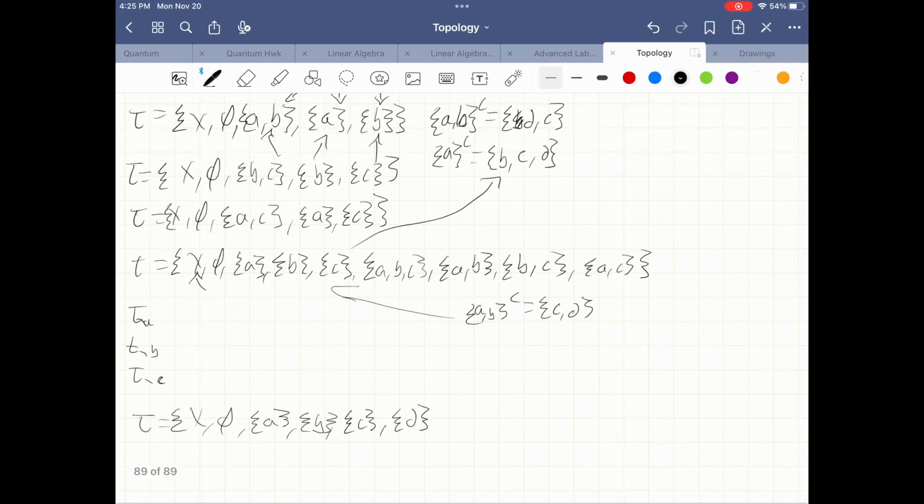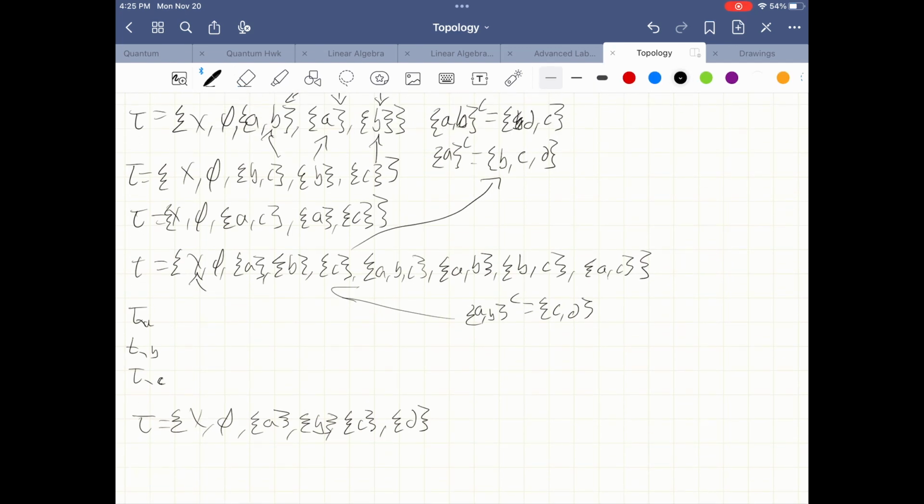Now going back to our final topology, we have this and we have the union of all of them, which is just equal to the set itself. This is all equal to X. And then we see that for all of the unions of our sets, for example, set A, B, and C, its complement would be just D, which is also open in this topology.